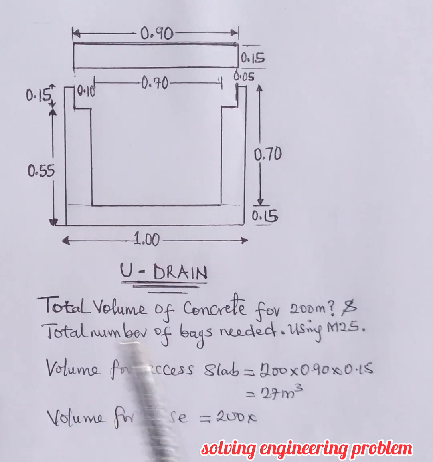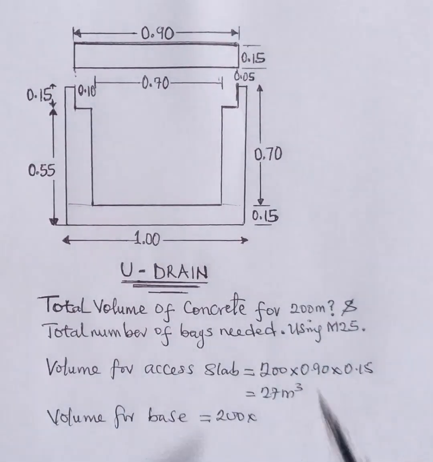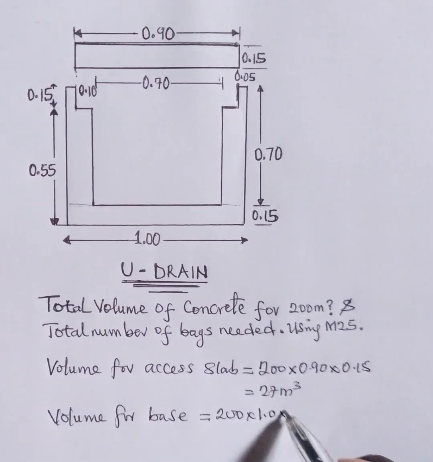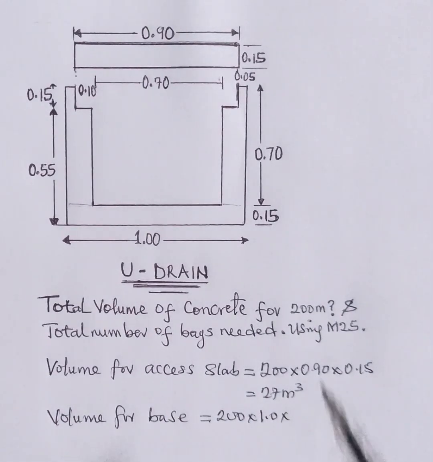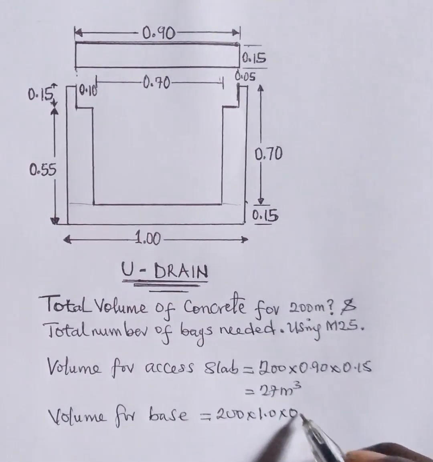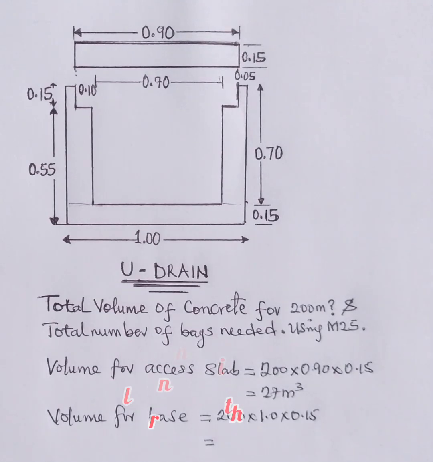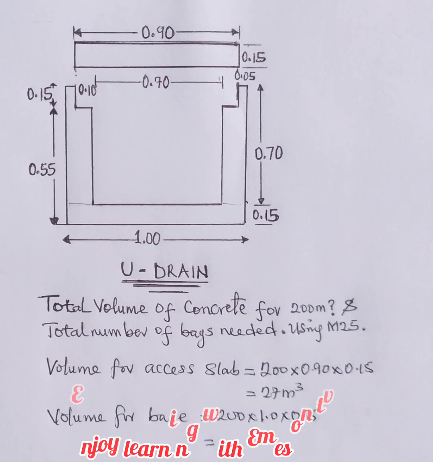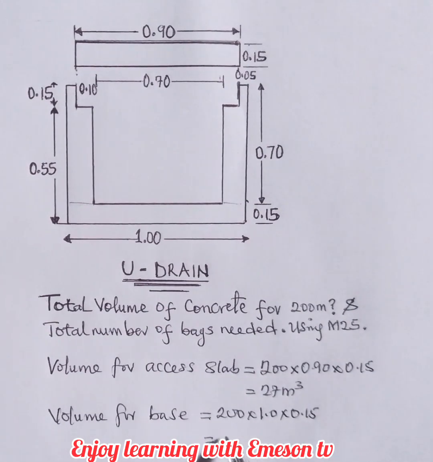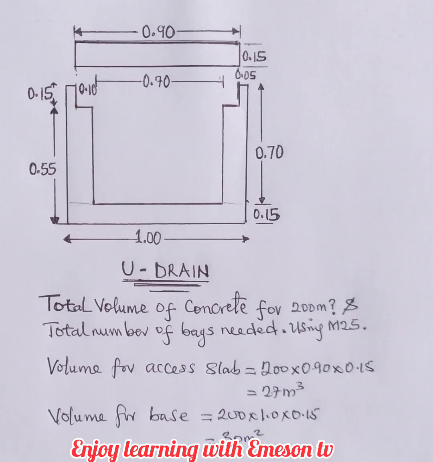From the cross section, the dimension is from here to here, which is 1 meter, by the thickness of the base, from here to here, which is 0.15. So all this will give us 30 cubic meter for the base.